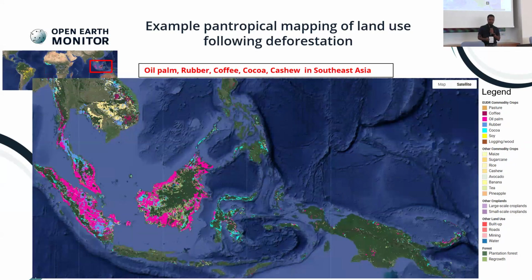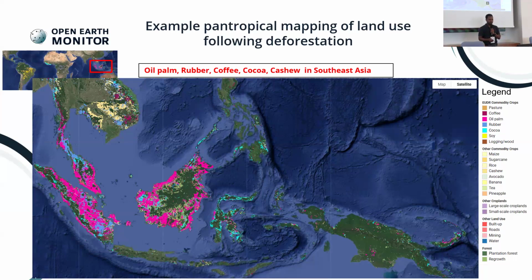And that's also different if you go to Southeast Asia, where you have oil palm dominant, especially in Indonesia. But also, for example in Sumatra, you have a pattern with a mix of coffee and cocoa.